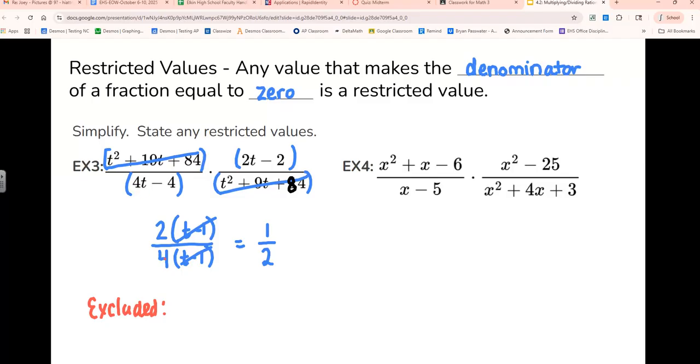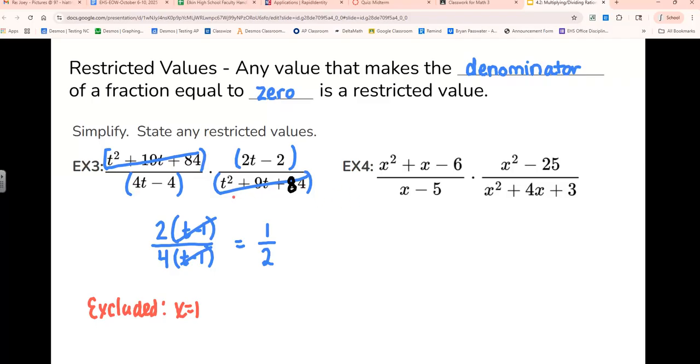So right here for the 4 and the t minus 1, nothing can make 4 zero. There's not an excluded value for that. T minus 1 is going to give us t equals positive 1. And then for this, to know what makes that zero, I am going to need to factor that.